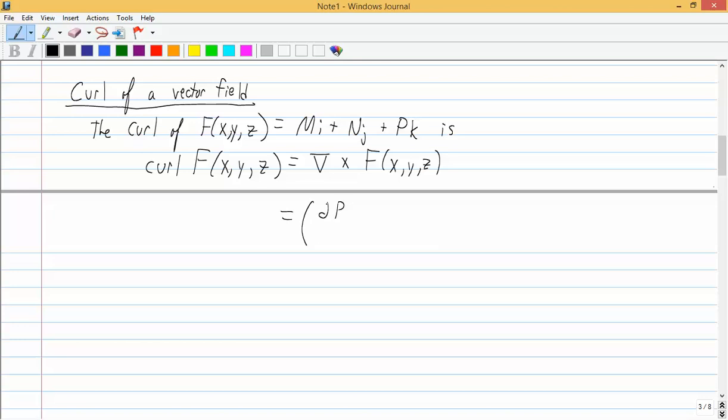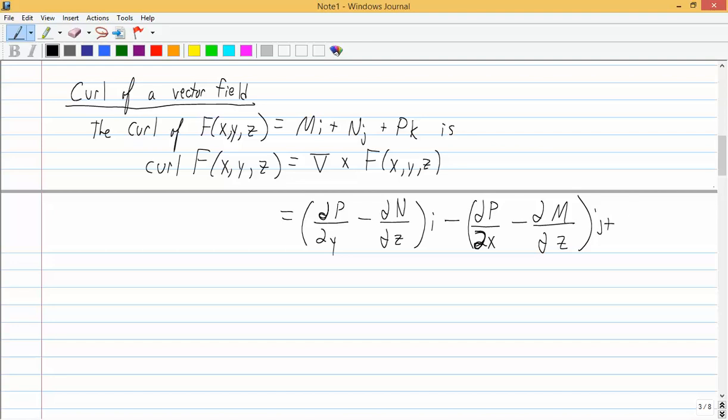It's the partial derivative of P with respect to y minus the partial derivative of N with respect to z times i, minus the partial derivative of P with respect to x minus the partial derivative of M with respect to z times j, plus the partial derivative of N with respect to x minus the partial derivative of M with respect to y times k. And I've about run out of room here, so there's my k.